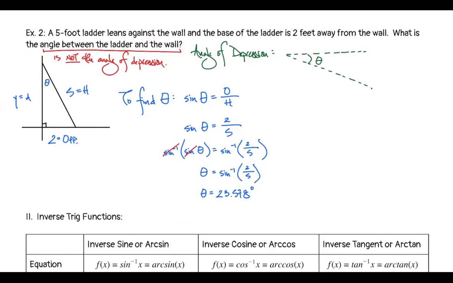And when we're working in word problem situations, more than likely we are working with degrees. Now, same thing again, if you got a different answer, it might be that somehow your calculator went back into radians and you just have to change that again.